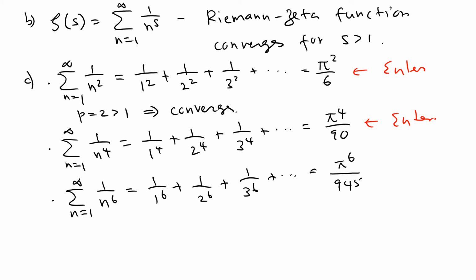But the interesting thing is, if it is an odd number, there is no exact answer for that, so you only have approximations. For example, if you write n going from 1 to infinity, 1 over n cubed, you can see it's not much different. It's not a big difference, but 3 is an odd number, and you don't have an exact answer for that, you only have an approximation.